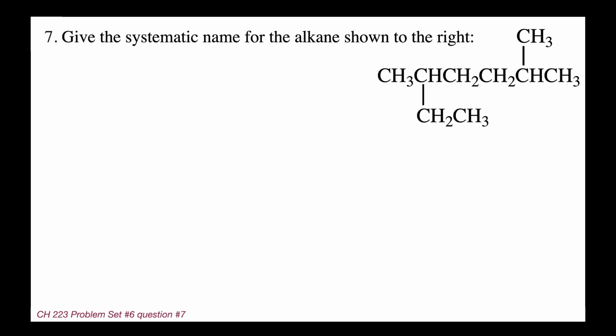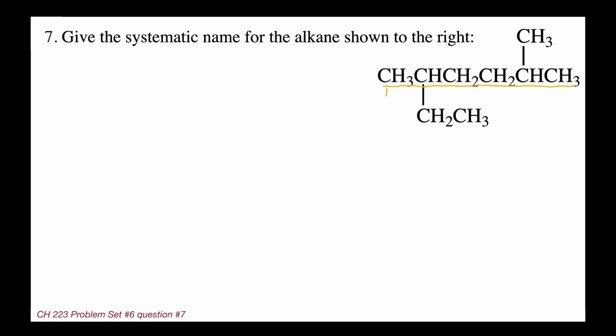So maybe you think that this underlined part right here would be the longest chain. And if you count with the carbon on the left, that would be 1, 2, has that CH2, CH3 thing, 3, 4, 5 has a CH3 above, 6. So that would be a hexane.